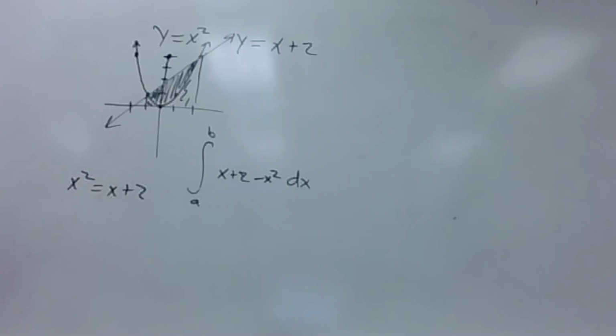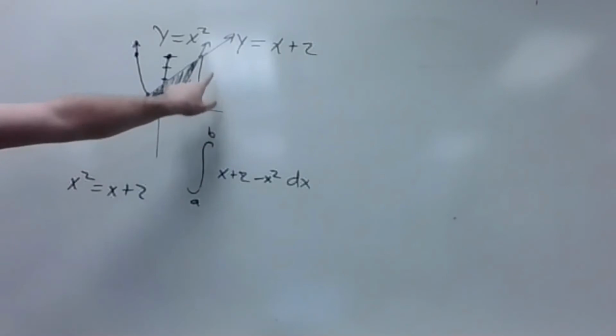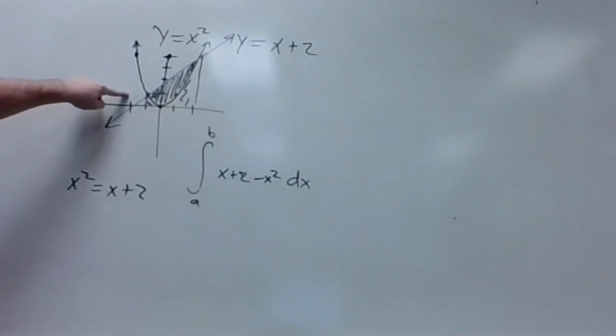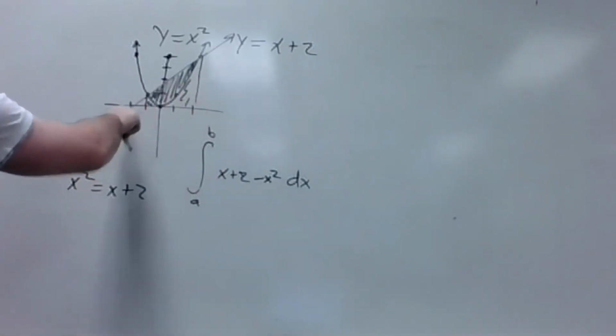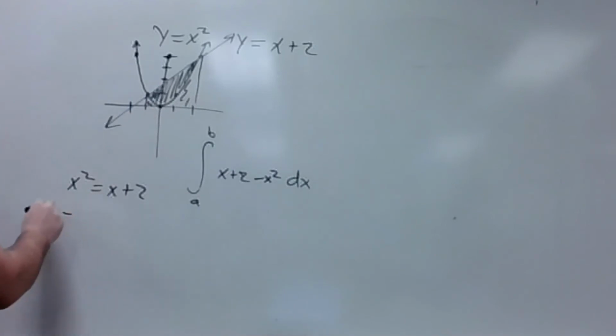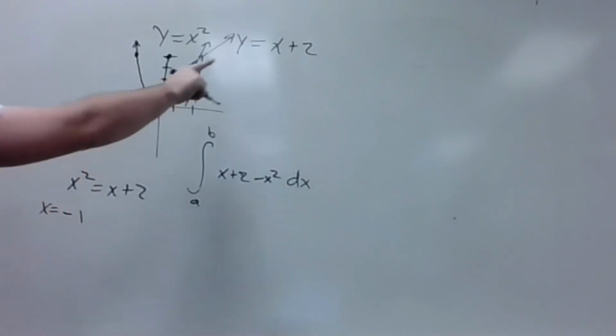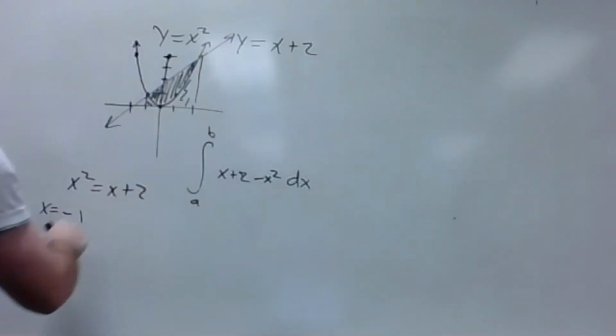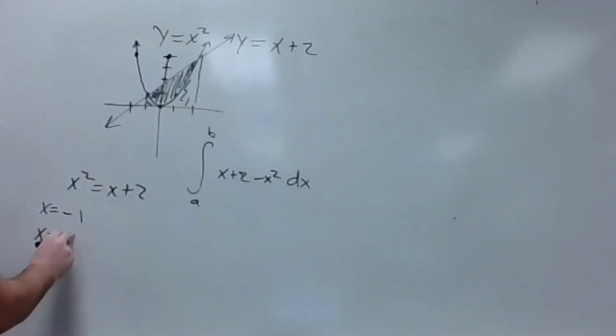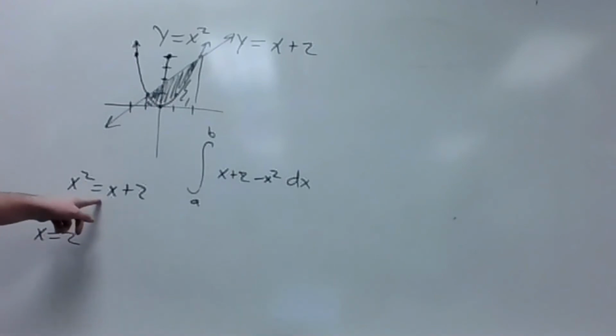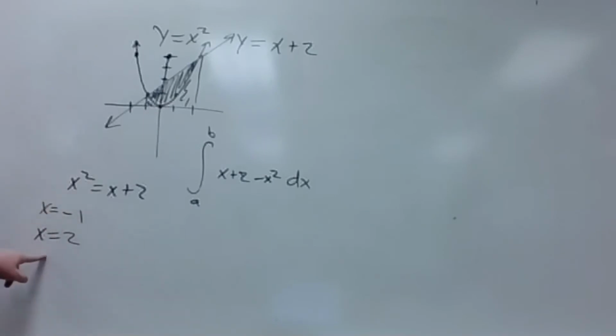Sometimes you can just use some reasoning, or sometimes you can use a graph to figure it out. It's really easy to look at the graph and say that the line intersects at x equals -1 and at x equals 2, right? And we can check it in our equation. Is this statement true for both these values? It is. If we plug in -1, we get 1 and 1, and if we plug in 2, we get 4 and 4. That makes sense?